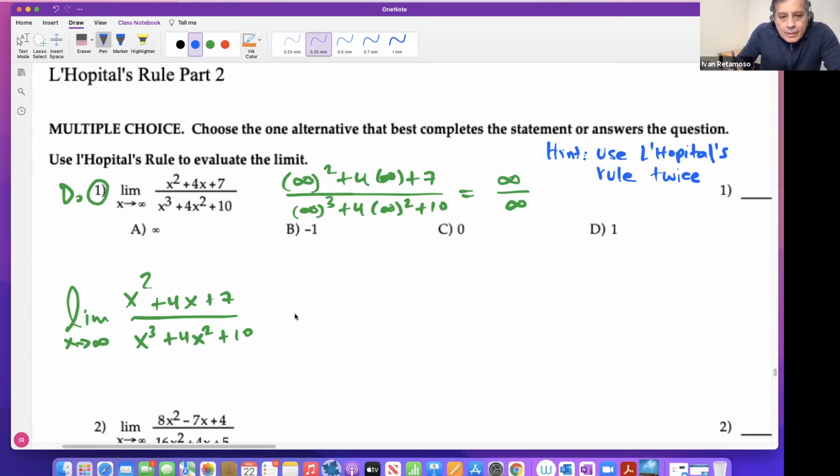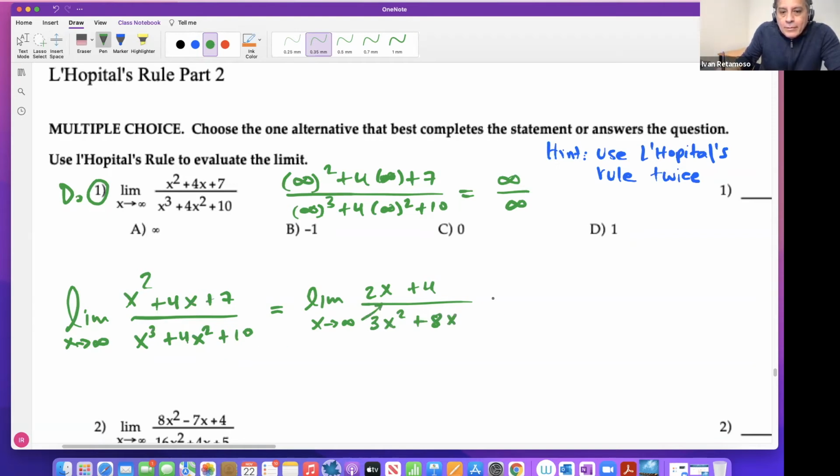So let's just apply our L'Hopital's rule, right? L'Hopital's rule says take the derivative of the numerator and denominator. The derivative of the numerator will be 2x plus 4, with x approaching infinity. The derivative of the denominator will be 3x squared plus 8x. The derivative of this guy is 0.